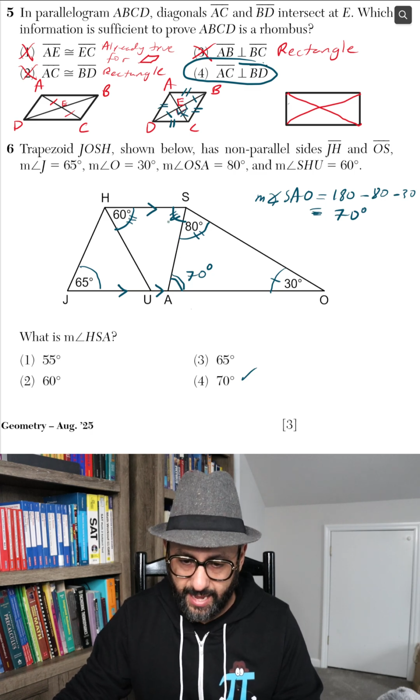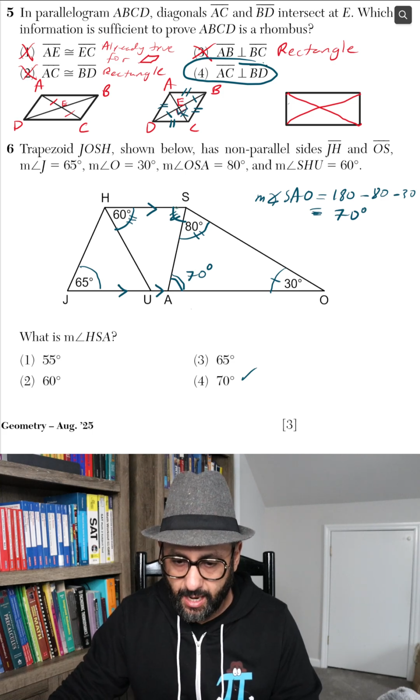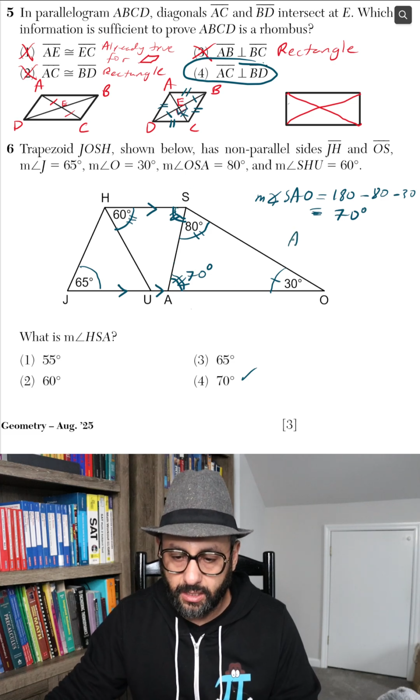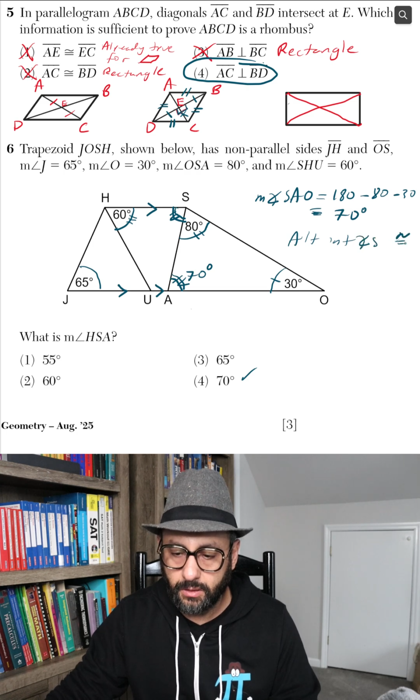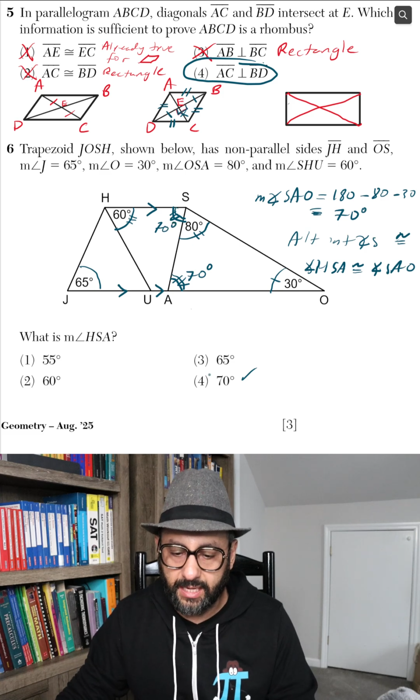So up here, angle HSA, which is the angle that we seek, has to be congruent to angle SAO, because alternate interior angles are congruent. So they have the same measure, 70 degrees, which is exactly what we had suspected.